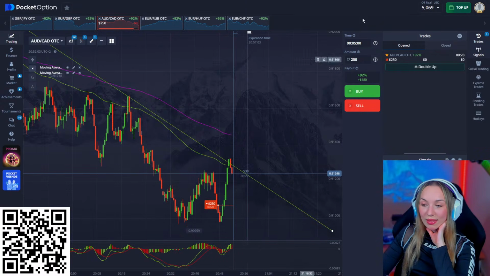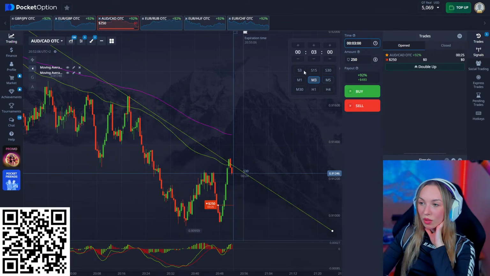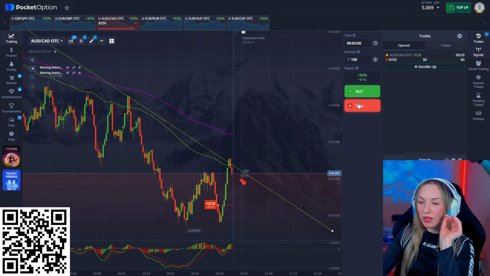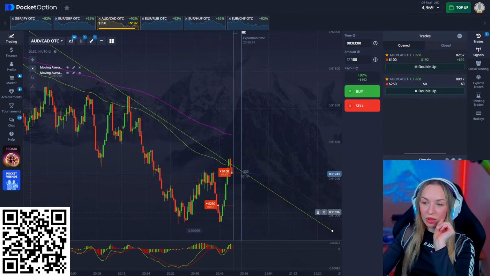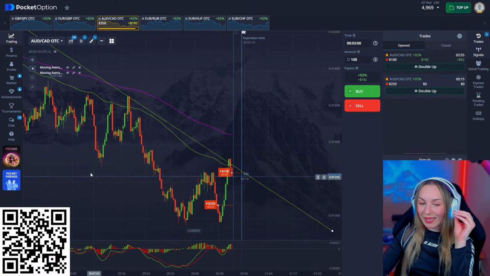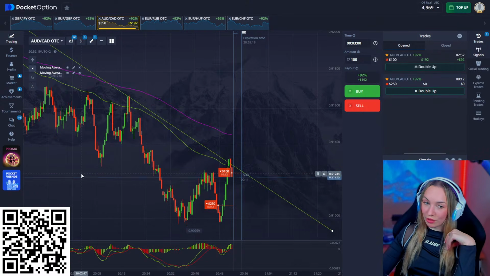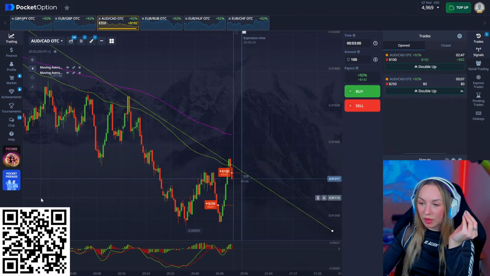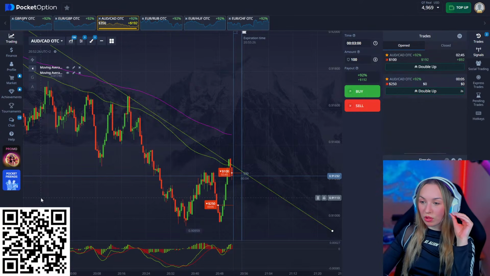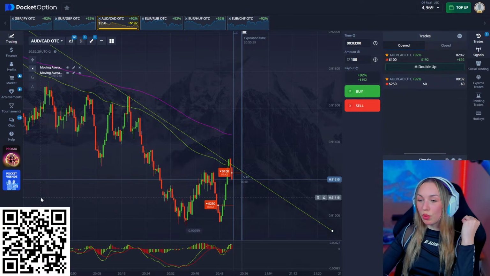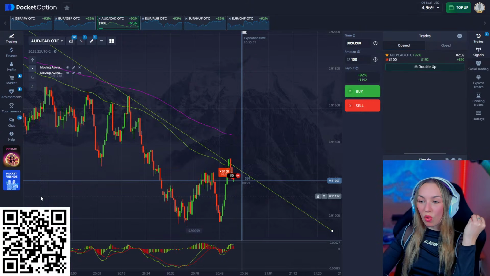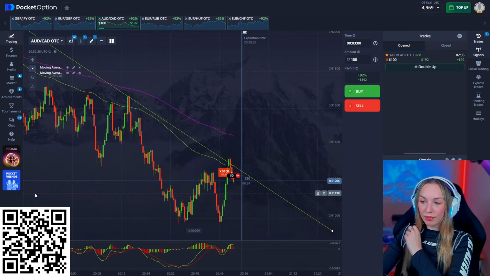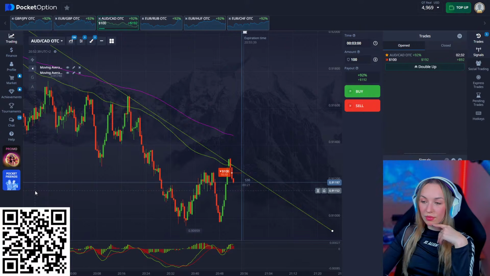Here's what I missed. Okay, let me open one more trade for $100 for 3 minutes in the downward direction, because something tells me that the time changed. If in the beginning of our trading session we were opening the trades for 5 minutes and it worked perfectly, right now we need to put the time longer or lower, so I choose to put the time lower and open the trades for 3 minutes.